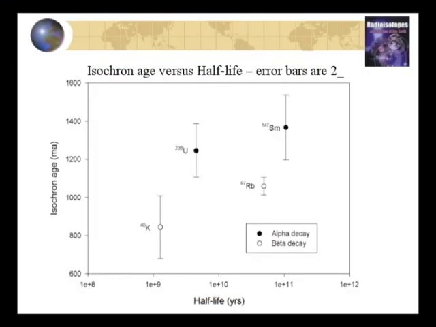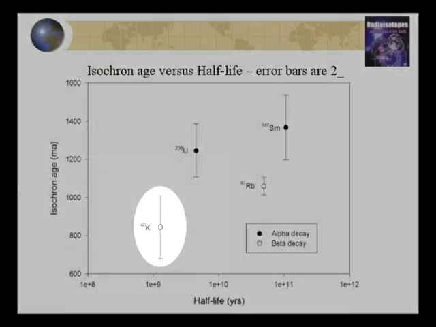Now, I plotted this. You want to see error bars and some of the technical data. It looks like the potassium-argon dates, those are 2 sigma error bars, so it's a 95% chance it's within that error range. Here's that 800 million year age. The rubidium-strontium is tightly constrained, somewhere around 1.05 billion years.